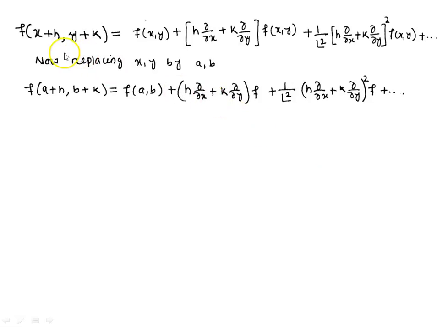Now replacing x and y by a, b, we can write f(a+h, b+k) as f(a,b) plus (h ∂/∂x + k ∂/∂y) f(a,b) plus 1 by factorial 2 (h ∂/∂x + k ∂/∂y)² f(a,b), like this.